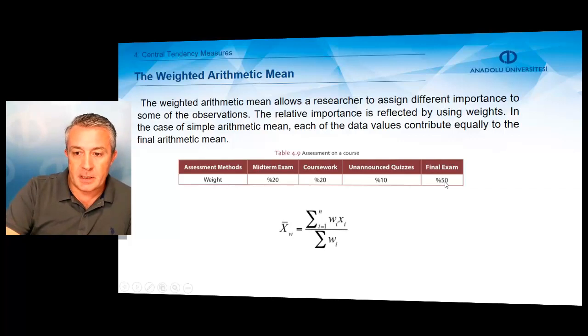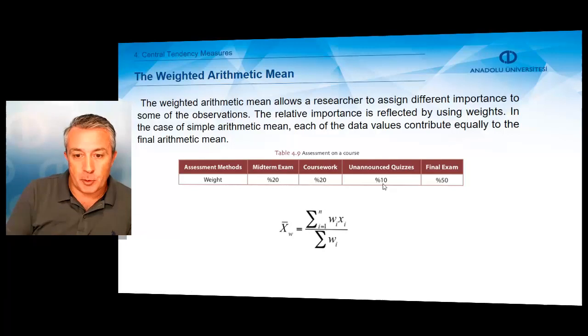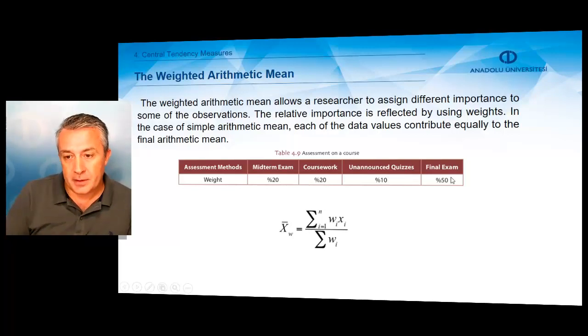So the final exam gets 50% of importance, whereas the quizzes get only 10% of importance. So if you get 100 in one quiz, it will only affect your overall score by 10%. But if you get 100 in the final exam, it will affect your overall score with 50% of importance.